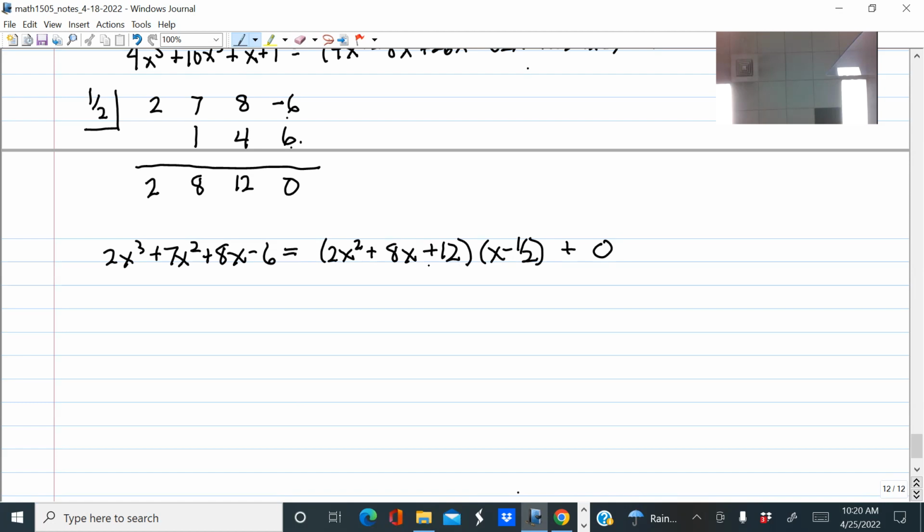And then we could try to completely factor it by seeing if we can factor 2x squared plus 8x plus 12. And we have a much better chance of factoring that, right? Because that's only quadratic. So we might be able to factor that, and then we would have the original polynomial completely factored.